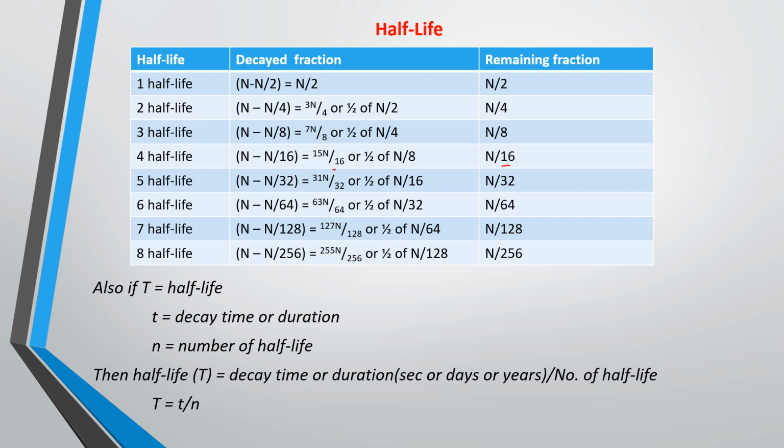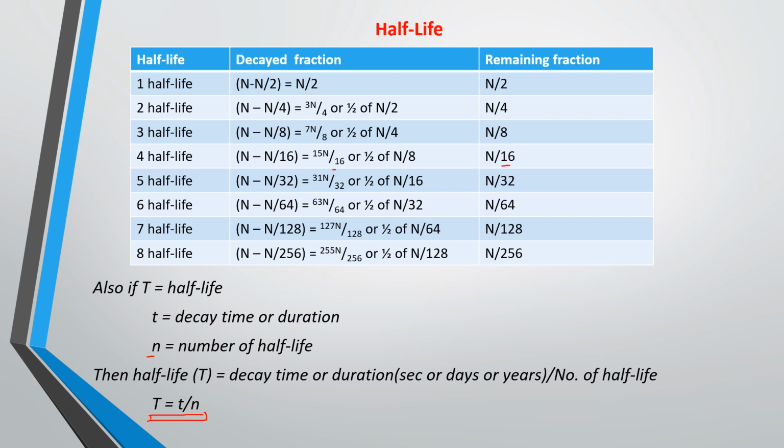Also, I try to bring this out: if t is your half-life and the time of decay is given to you and you know the number of half-lives, you can actually use this equation to get your time of decay, or you can also use it to get your half-life. Time of decay is the duration of the decay. It can be in seconds, days, or years.